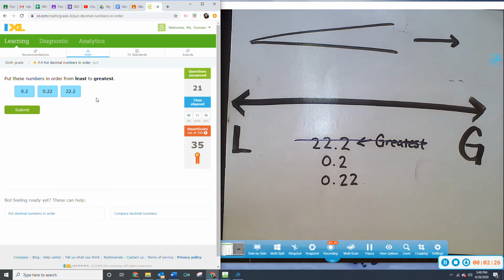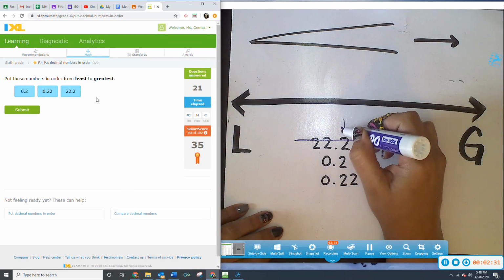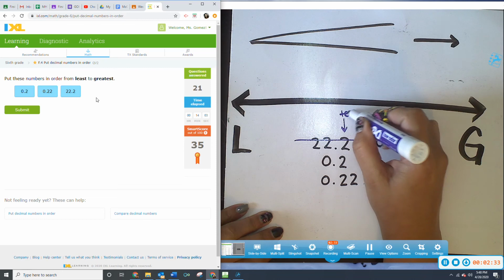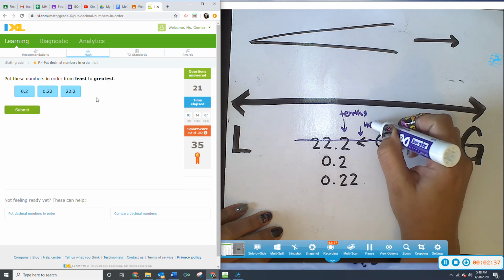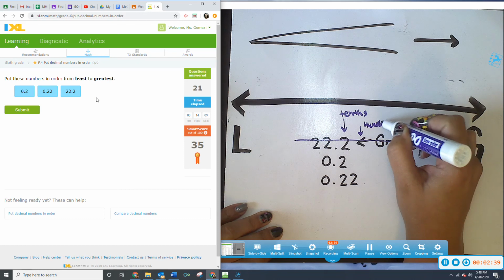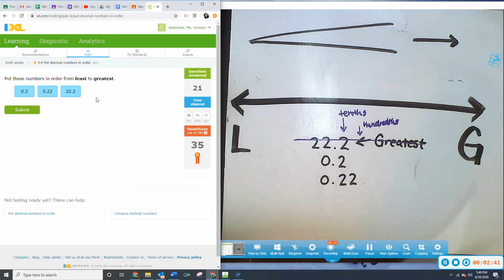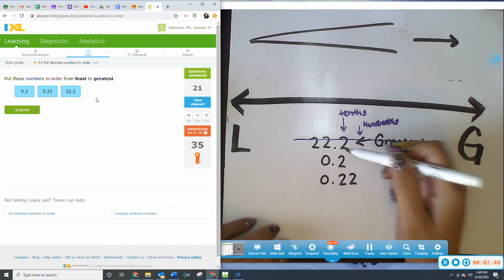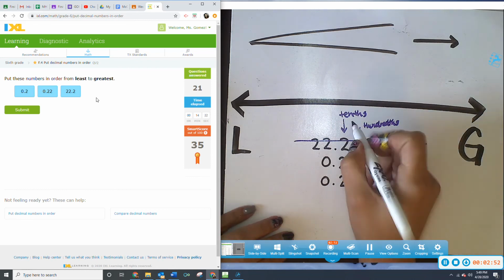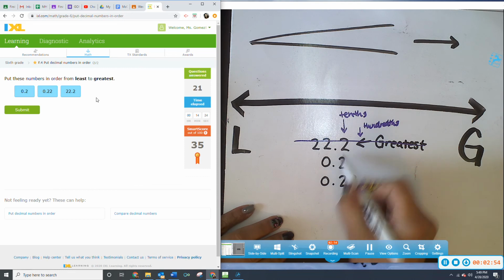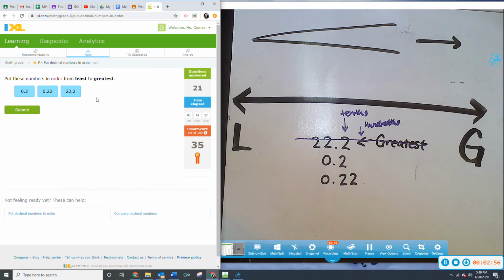And I want you to recall that this is the tenths place, followed by the hundredths. So in that case, you would practically multiply these numbers by 10. So 2 times 10 is 20.